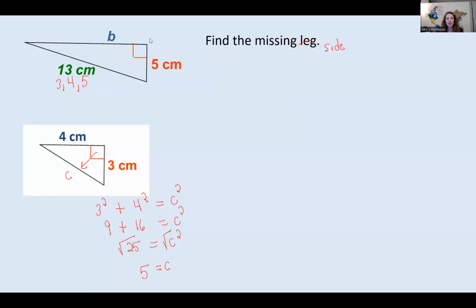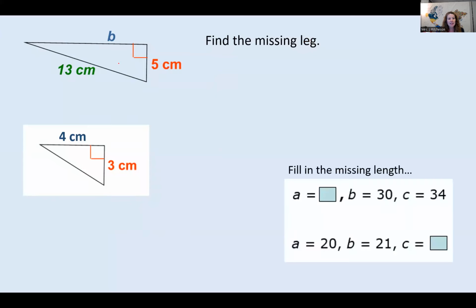All right, so let's look at the one at the top up here. This time it tells us we have A. I know this is A because it's a leg, and we know C because it's the hypotenuse. It's across from the right angle. It's the longest side.